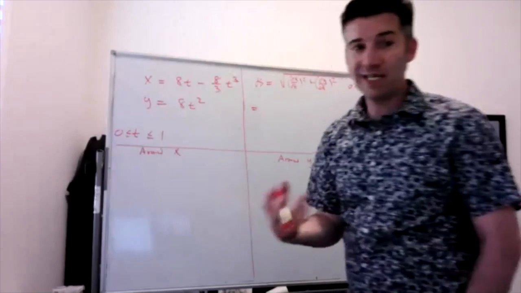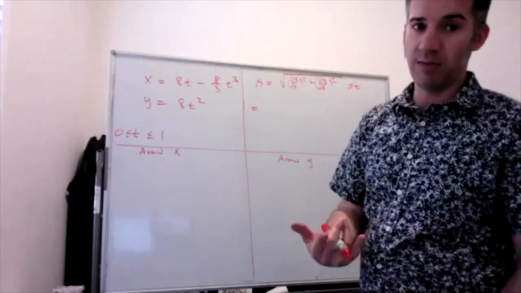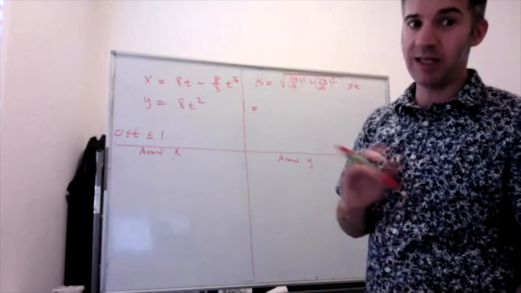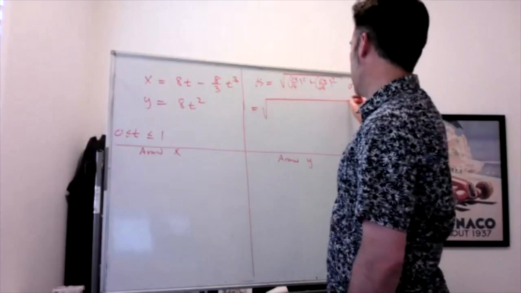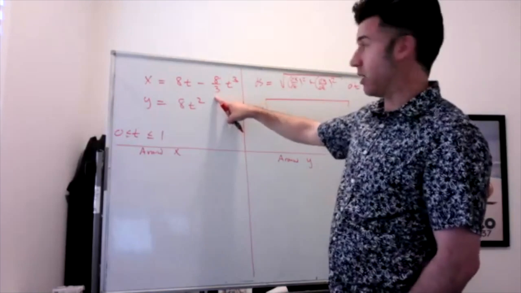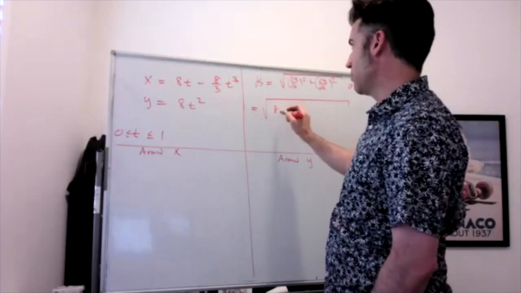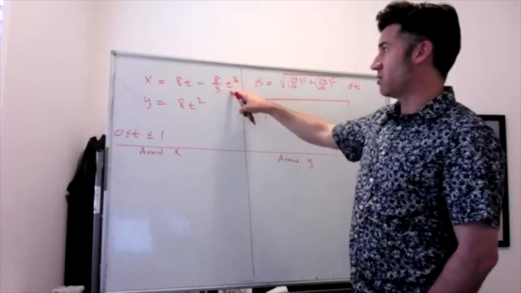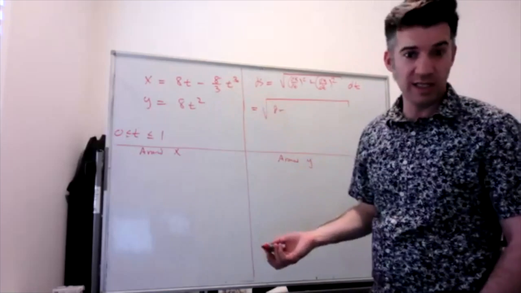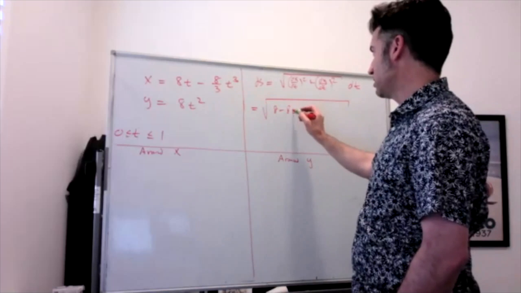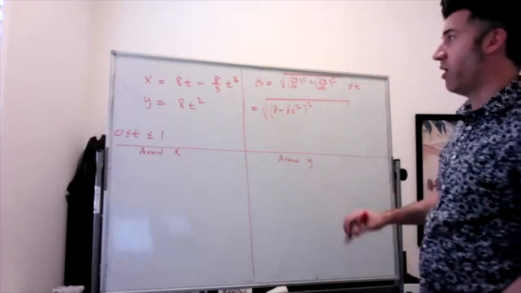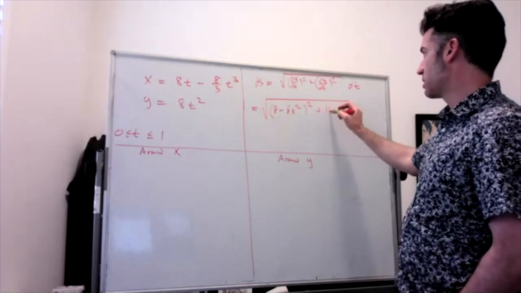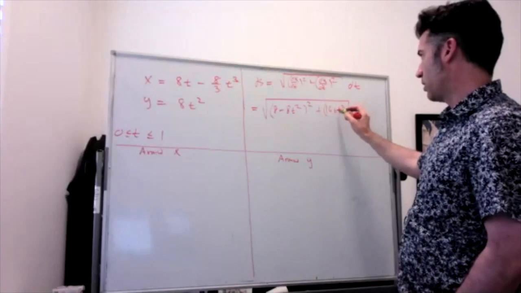So in this case, our expectation is that this should simplify relatively nicely. Something nice should happen. Let's find out. So I'm going to get the square root of this derivative squared. The derivative of this is 8 minus the derivative of 8/3 t cubed, which is 8/3 times 3t squared, which is 8t squared, quantity squared. And then the derivative of y is going to be 16t quantity squared.